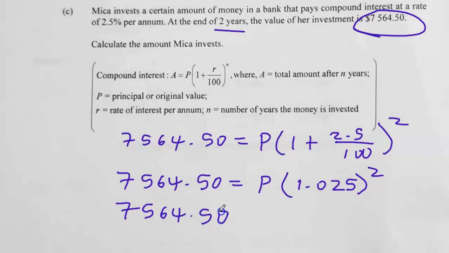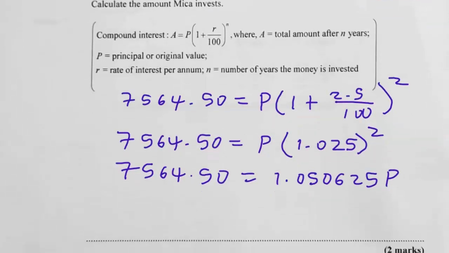So that's 7564.5 equal to 1.025 squared. That's 1.050625 times P. Now we want to find the value of P, so we divide both sides by 1.050625.